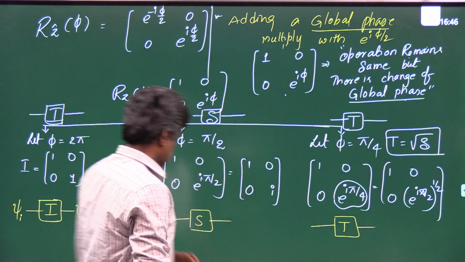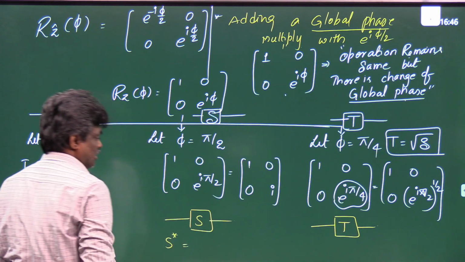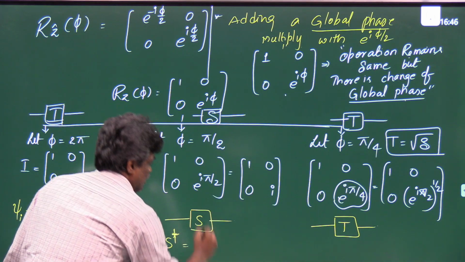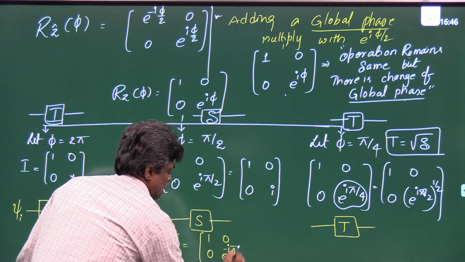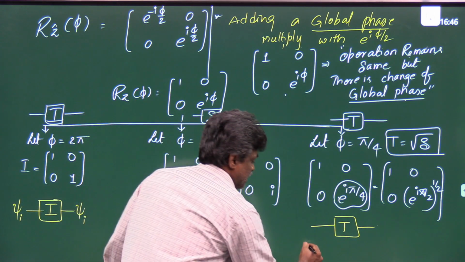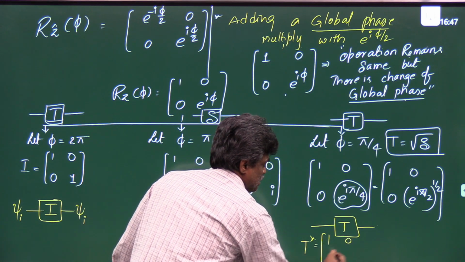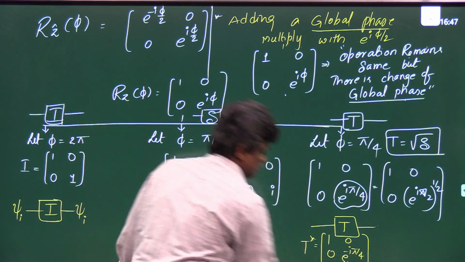Observe one thing. Just find S star, or S dagger. S dagger is 1, 0, 0, e raised to minus i pi by 2. Find T dagger, which is also one of the gates: 1, 0, 0, e raised to minus i pi by 4.